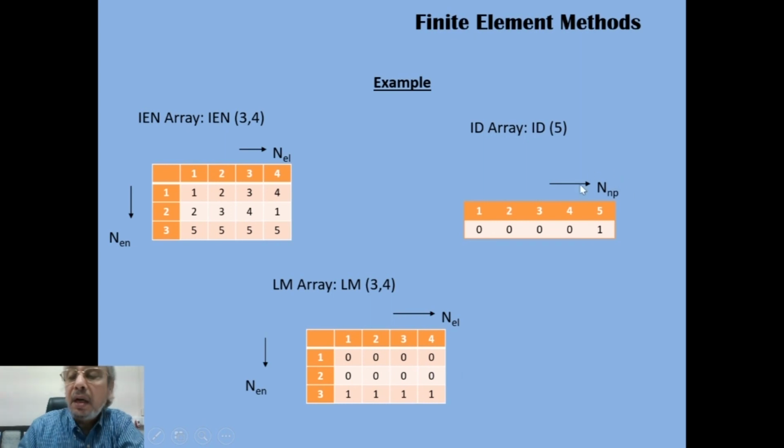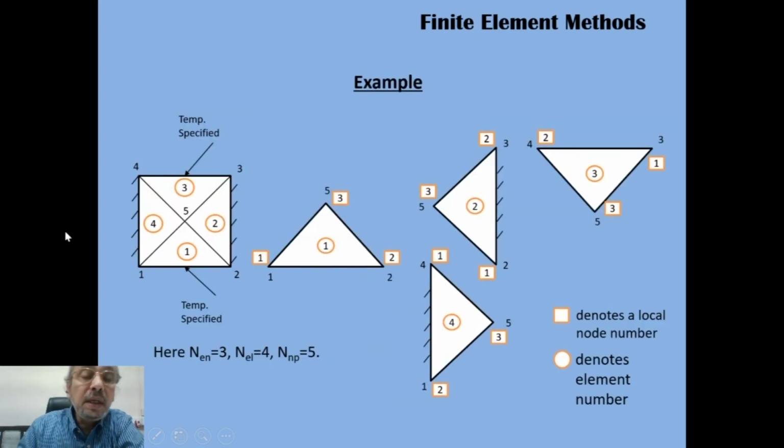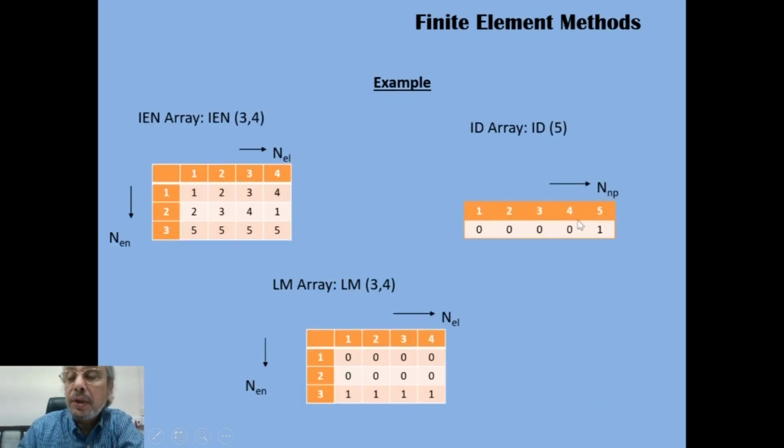NP is the global node number. So first global node number, and it is very clear then, we don't need an equation. Second, we don't need an equation. Third, we don't need an equation. Fourth, we don't need an equation. Point number 5, we need an equation.